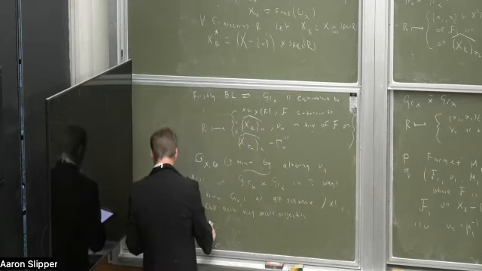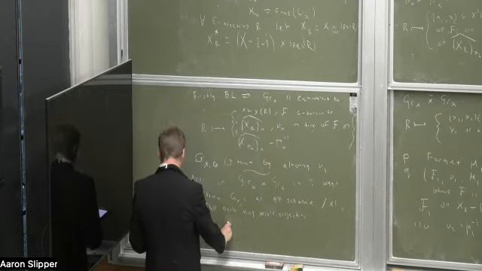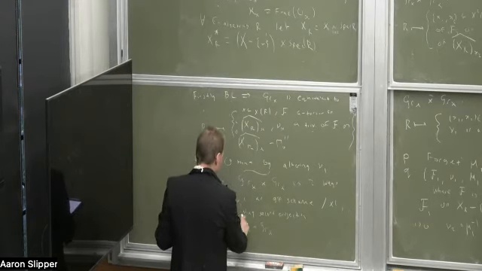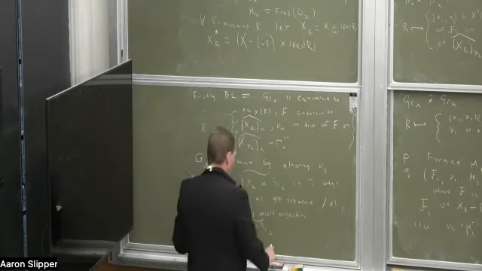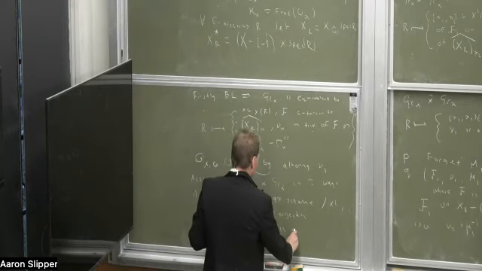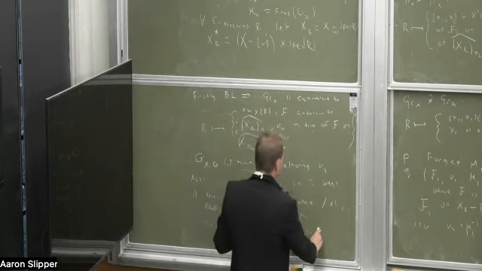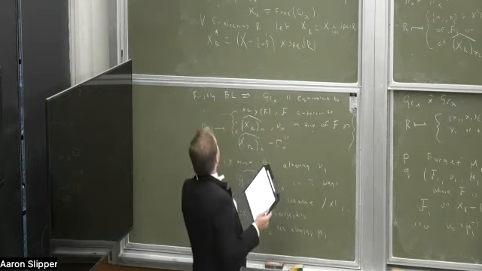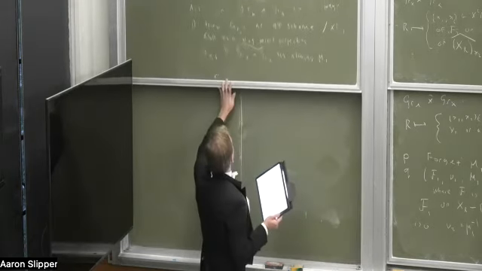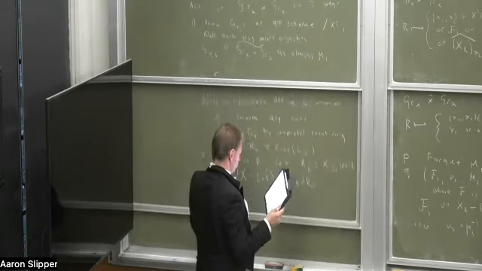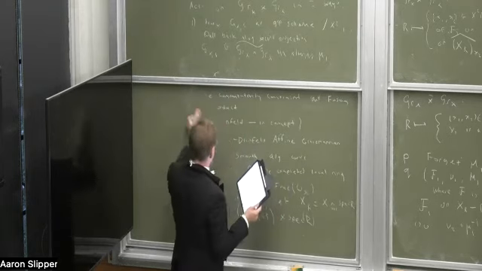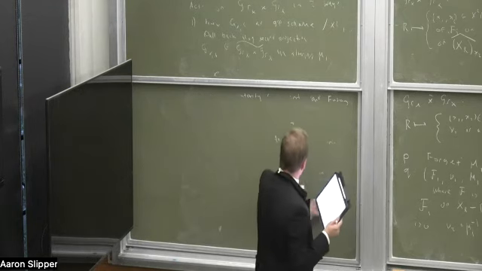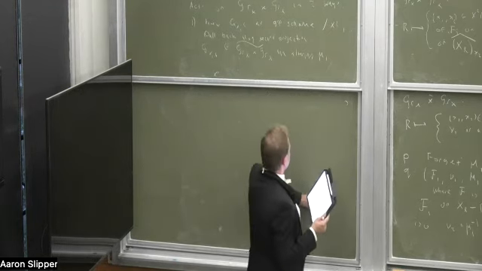Then GXO acts on GRX times GRX by altering U1. Yeah, but we'll, I think, be able to finish with something coherent.